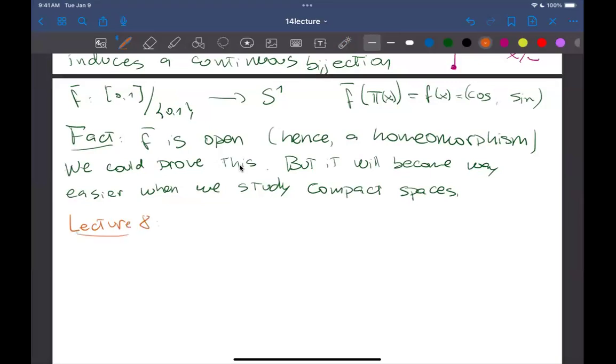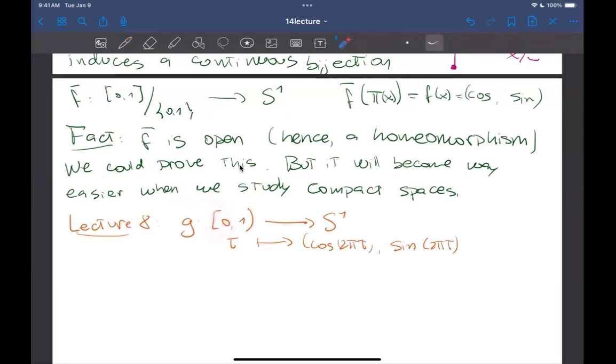There we discussed this function g from [0,1), now open at 1, to S1. Same rule: t goes to cosine 2 pi t, sine 2 pi t. But since we're not taking 1, this function is a continuous bijection.